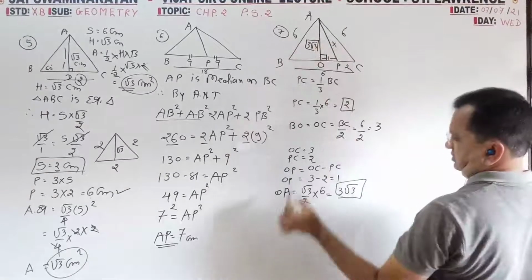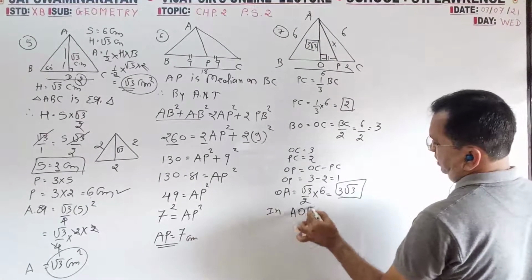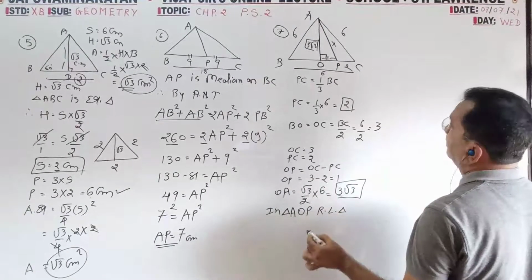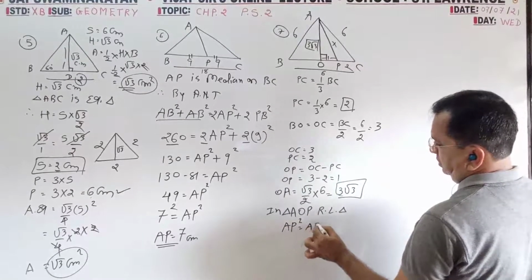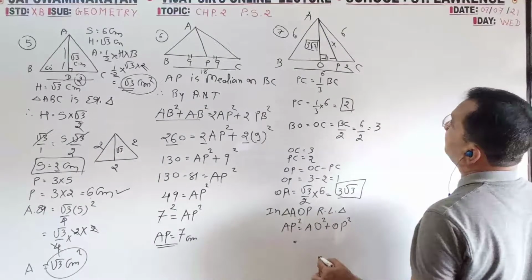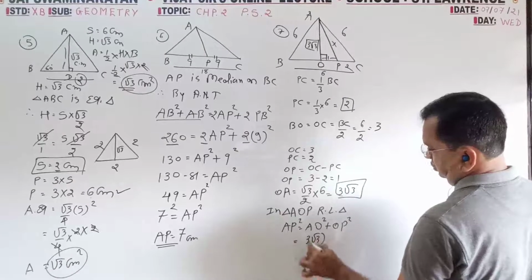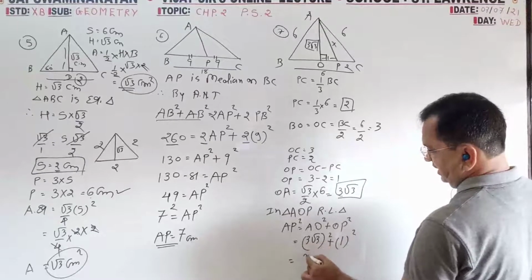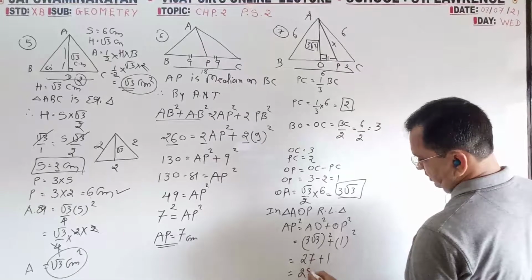Suppose AP is x. So in right angle triangle AOP, AP square is equal to AO square plus OP square. AO is 3 root 3 square plus 1 square. 3 3s are 9, 3 9s are 27, plus 1, 28.